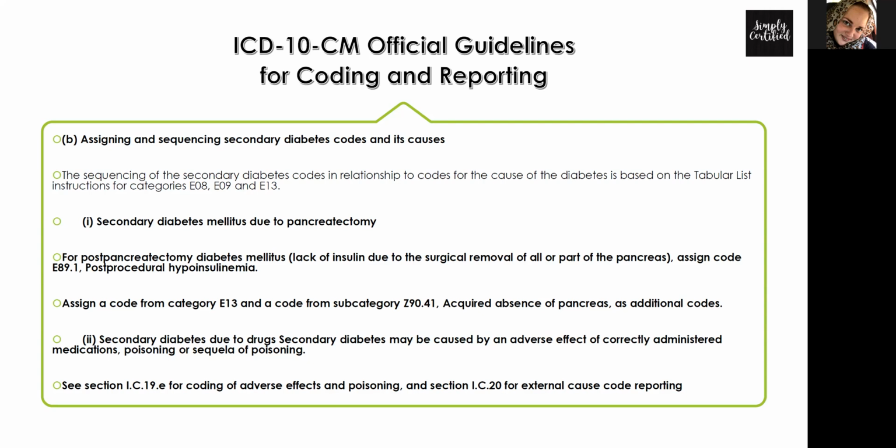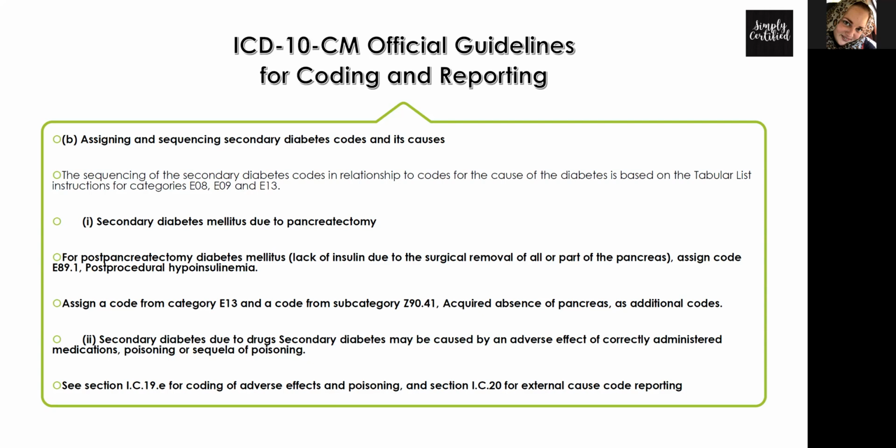So like maybe they only took the head of the pancreas or something. But anyway, you would assign code E89.1, right? Because they have post-procedural hypoinsulinemia. And then you would assign a code from category E13 and a code from subcategory Z90.41 for acquired absence of the pancreas as additional codes.